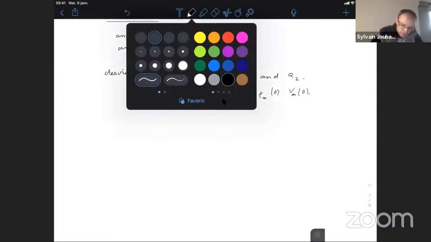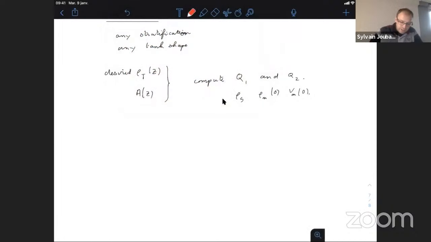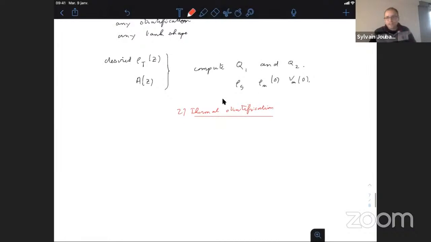I just want to talk then about thermal stratification. It's not an easy one to do. It's just a very nice experiment I wanted to discuss. It's not something we use every day in the lab, but it's a stratification made with temperature.